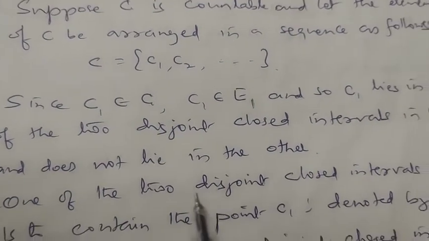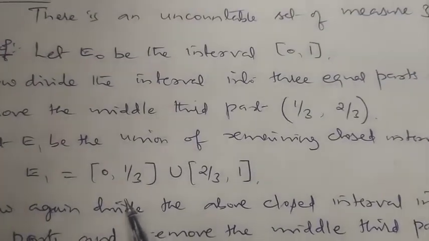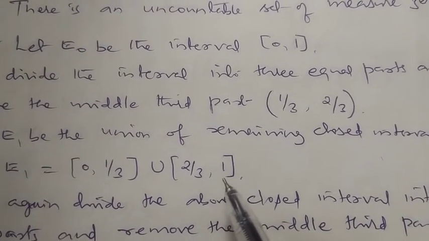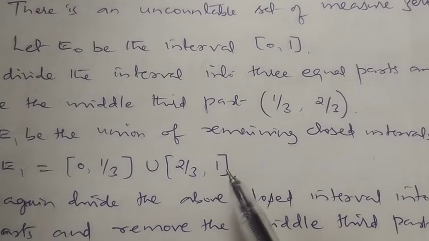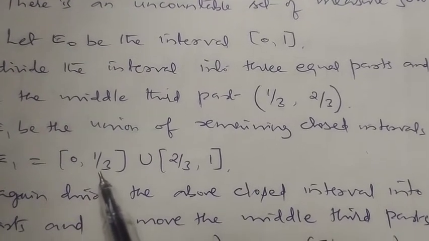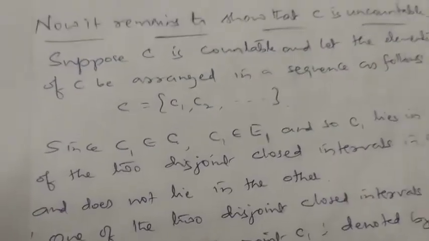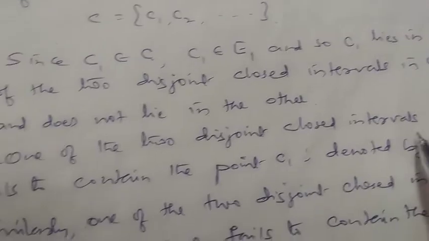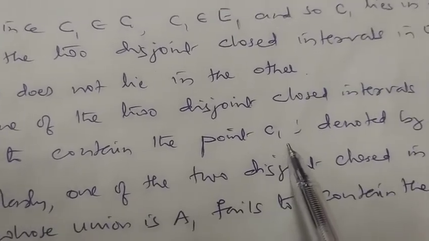If C1 lies in the interval 0 to 1/3, it certainly cannot lie in 2/3 to 1, and vice versa. So one of the two disjoint closed intervals in E1 fails to contain the point C1.